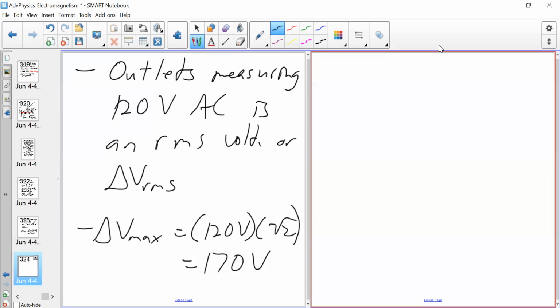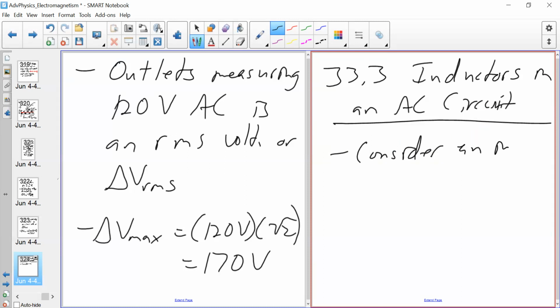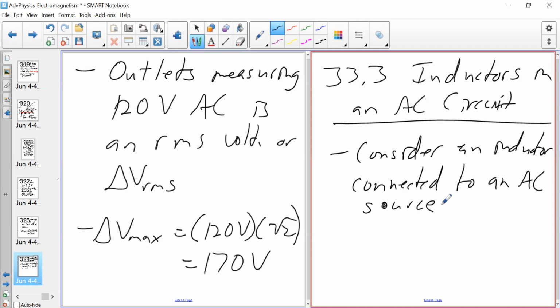Okay, let's see. I have a few more minutes, and I'll set up this inductor. So this is going to be 33.3. We've now looked at how resistors operate in AC circuits. Let's take a look at inductors in an AC circuit. So let us consider an inductor, the self-creator of the B field, connected to an AC source, like a generator.